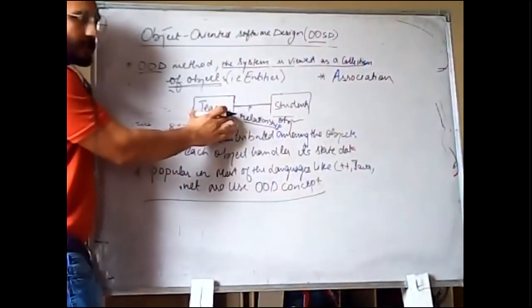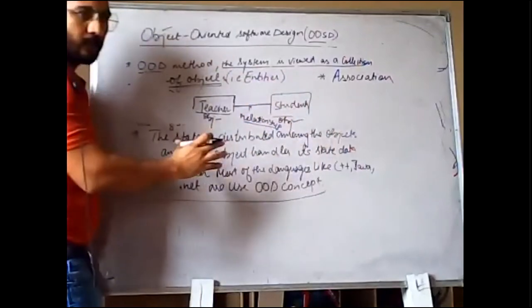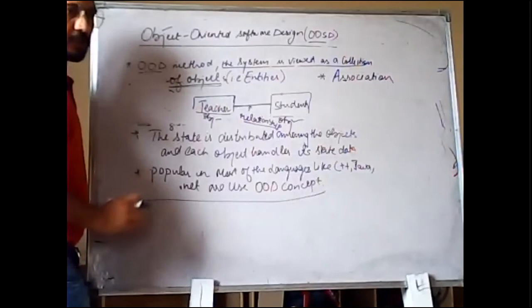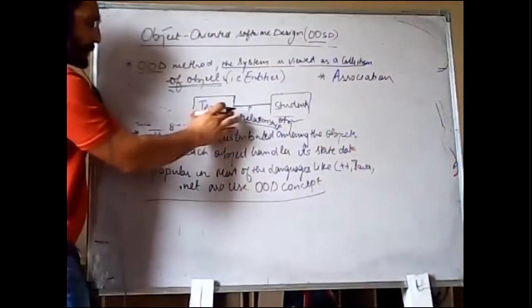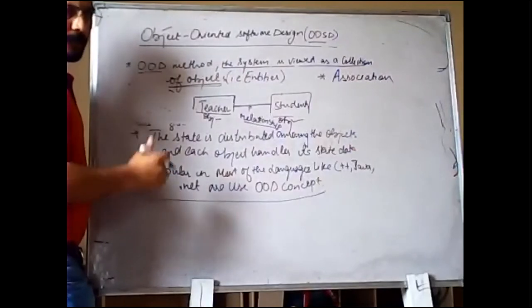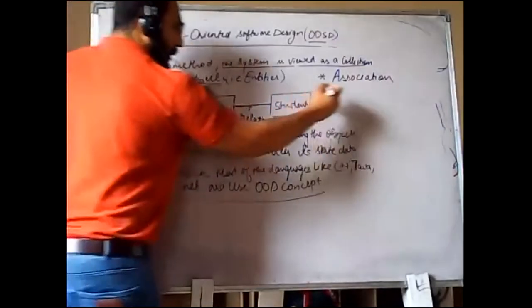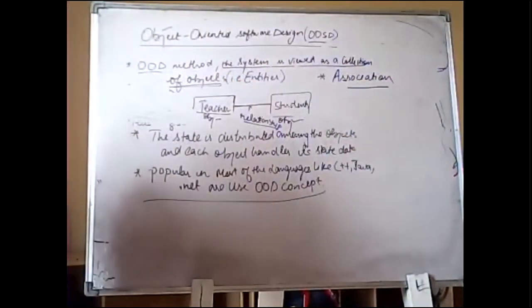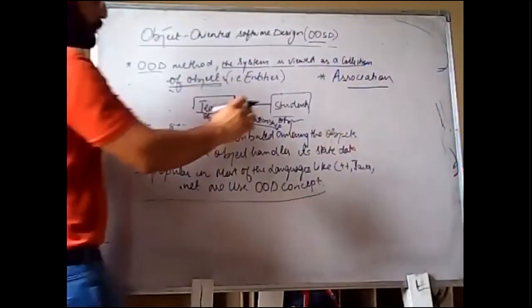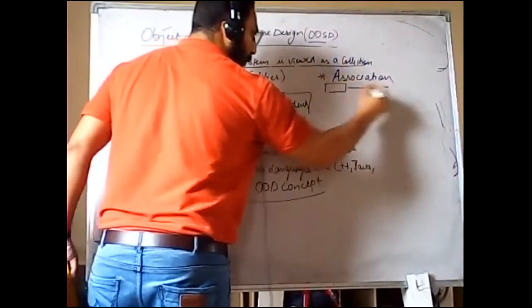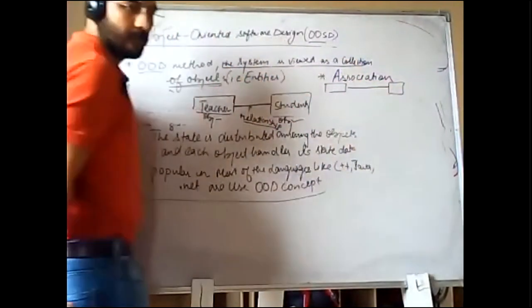This teacher is associated with the student, or the student is directly associated with the teacher. This entity is associated with the next entity. That is association, and it is denoted by a simple line that shows the relationship between different entities.